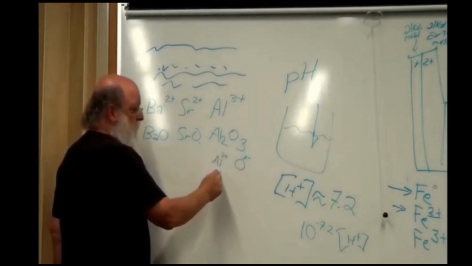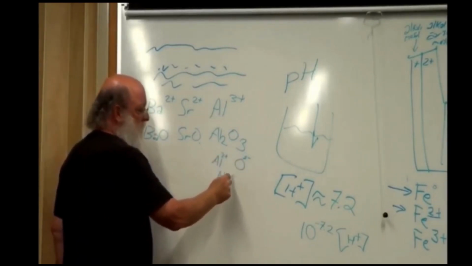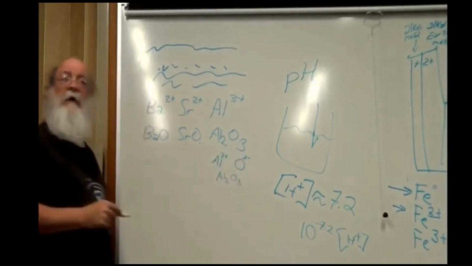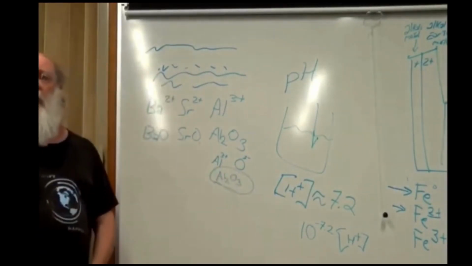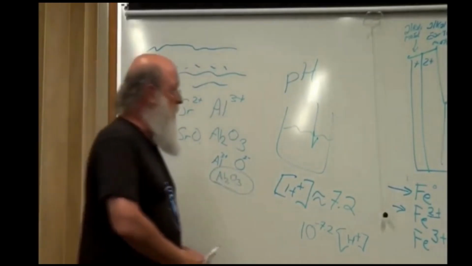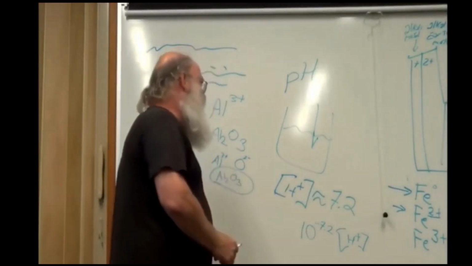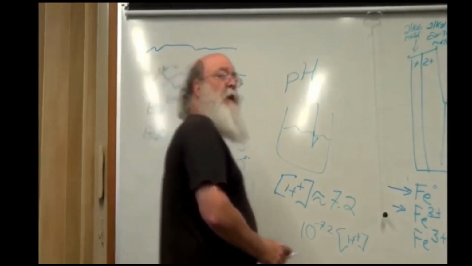And so to get these balanced, that's why we need 2 aluminums and 3 oxygens. And this is called alumina, and that's one of the major components of what they're spraying. So why are these 3 the big bad guys?